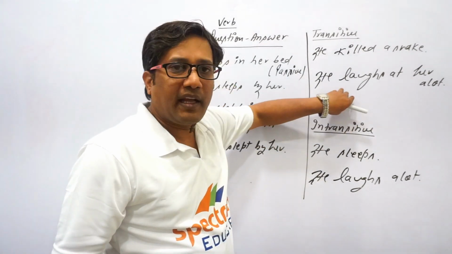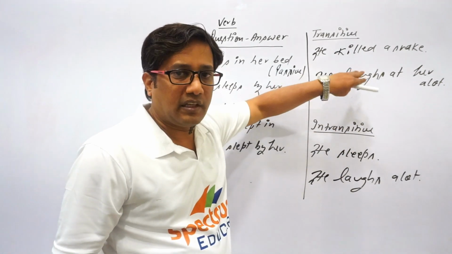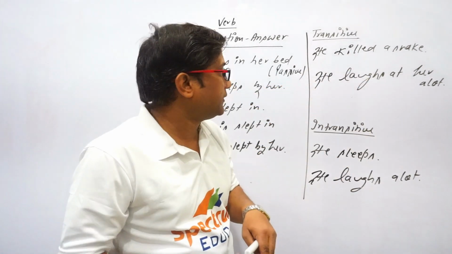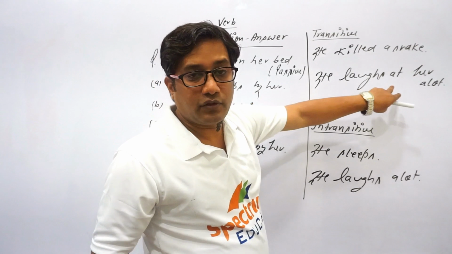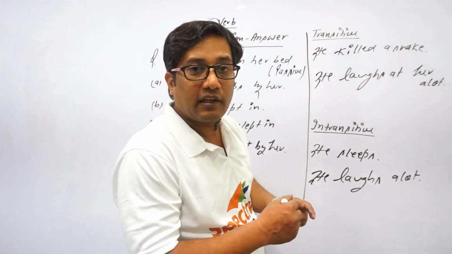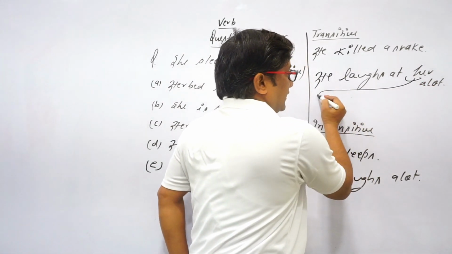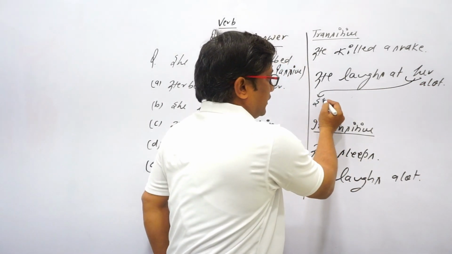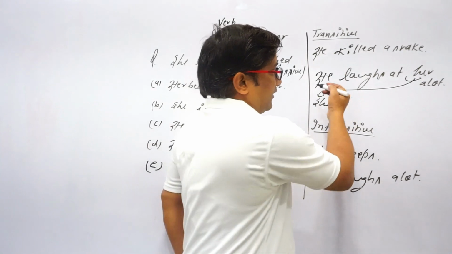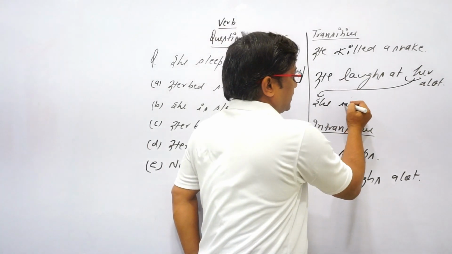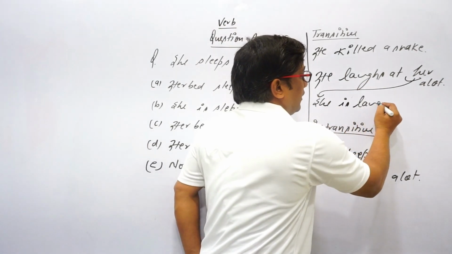However, it may apply on laugh, sleep, and other intransitive verbs. So here now it has become transitive, so we can convert it into passive. Let's see how to do that. Her becomes she. Then this is present indefinite, so it becomes she is loved.